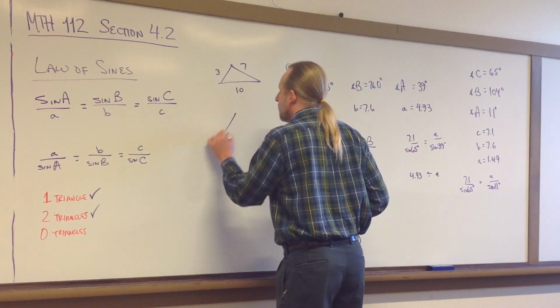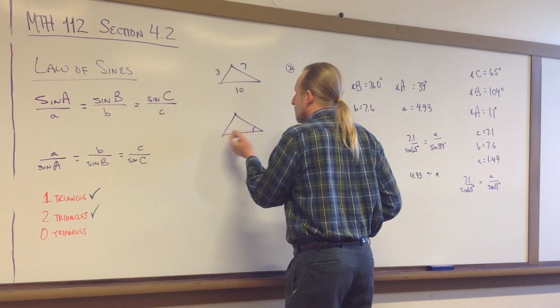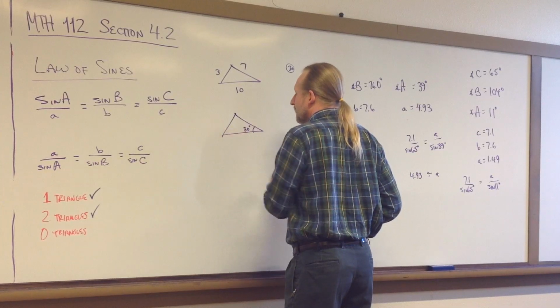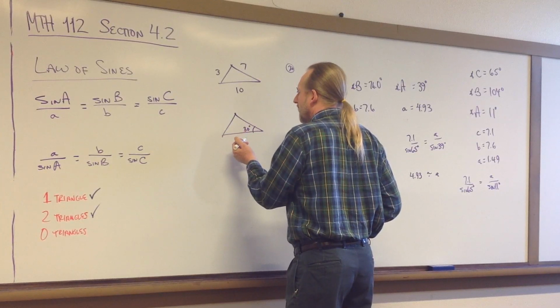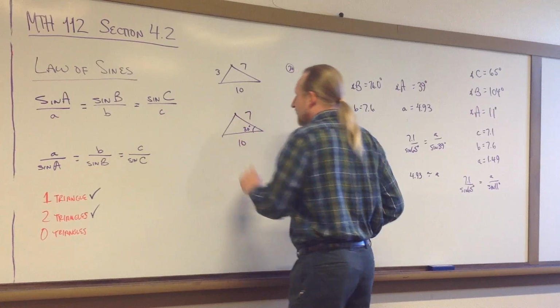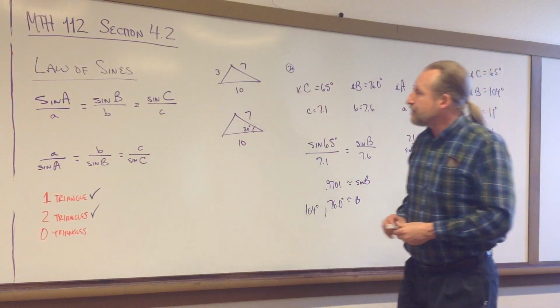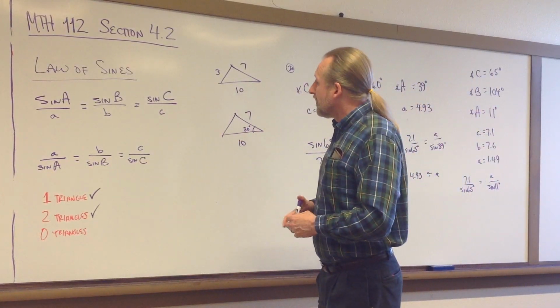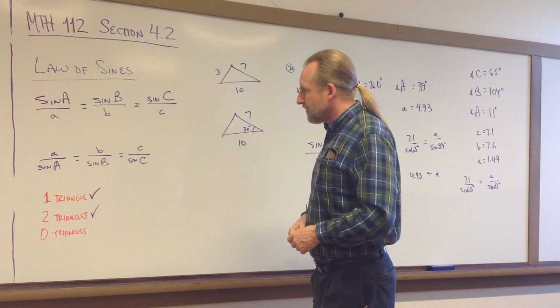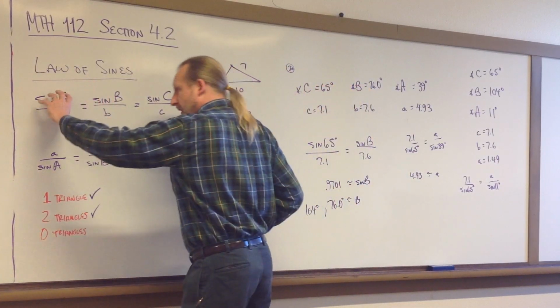Same thing happens if you've got, let's say, this angle is 30 degrees, and this side is 7 and this side is 10. Again, we don't have any pairs. We've got an angle now, but we don't know either of the other two angles, and so we don't have a complete ratio.